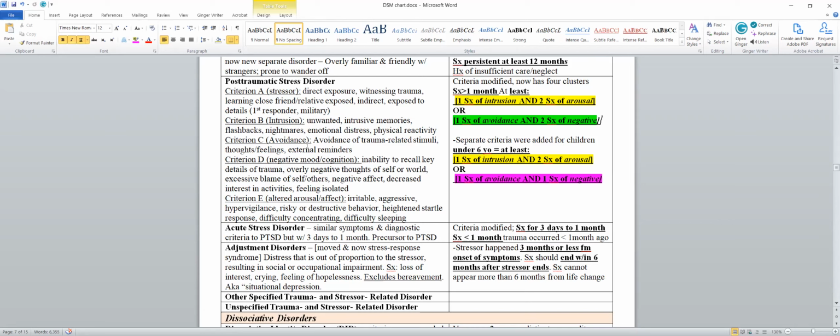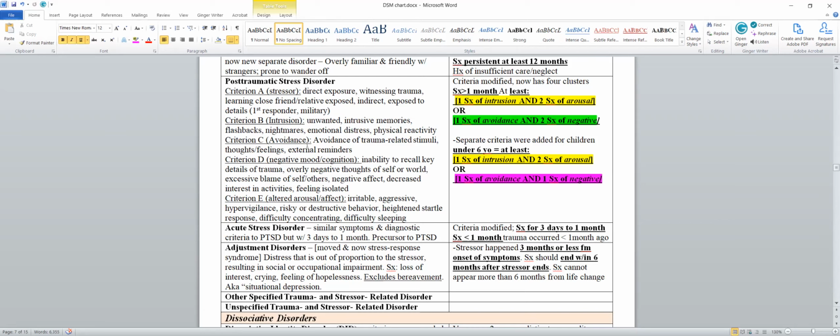But just as far as the timetable. Adjustment disorder moved, and is now under stress response syndrome. Distress that is out of proportion to the stressor, resulting in social or occupational impairment. Symptoms include loss of interest, crying, feelings of hopelessness, and remember, it excludes bereavement, aka situational depression.